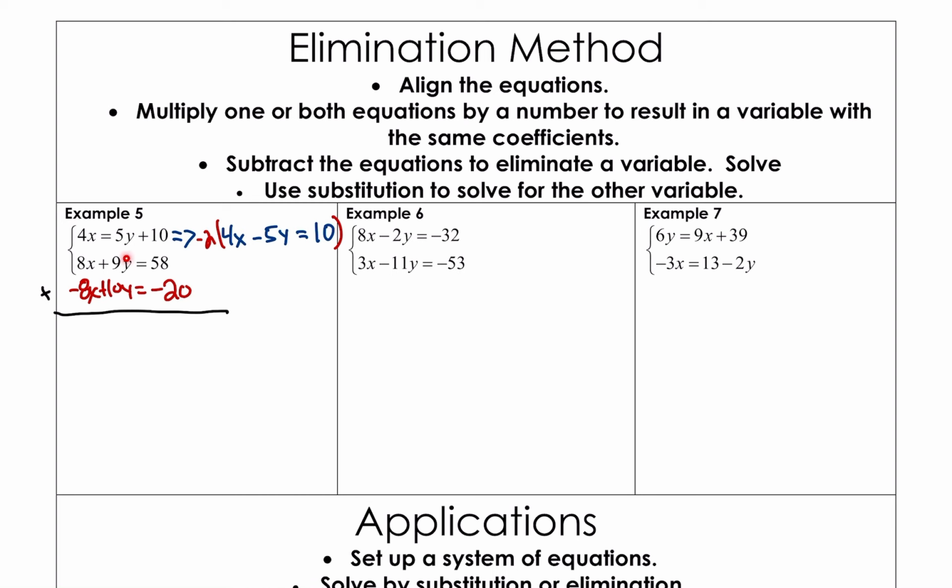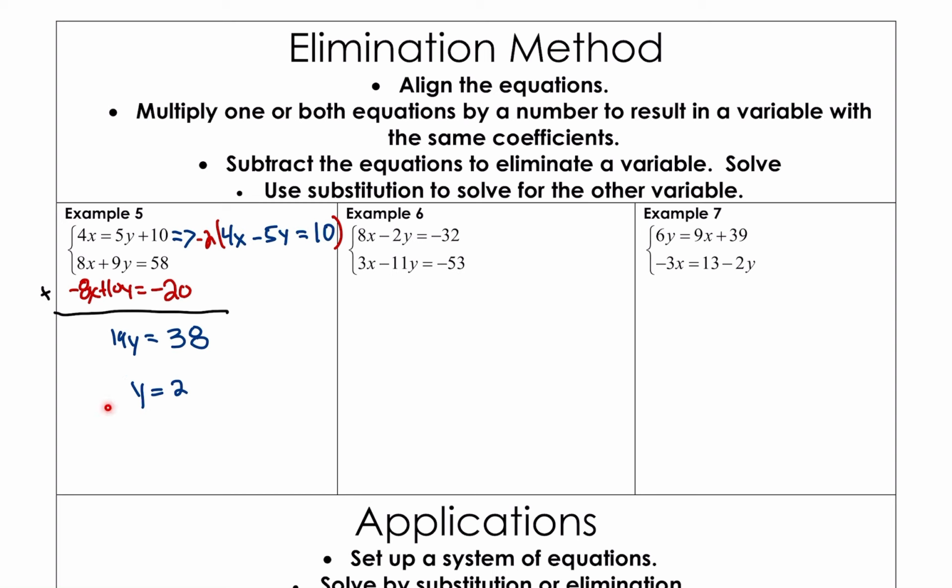Then I've got 9y plus 10y, which is going to give me 19y. Then I've got 58 plus negative 20, which is going to give me 38. Now, to get y all by itself, I divide both sides by 19, so I end up with y is equal to 2.